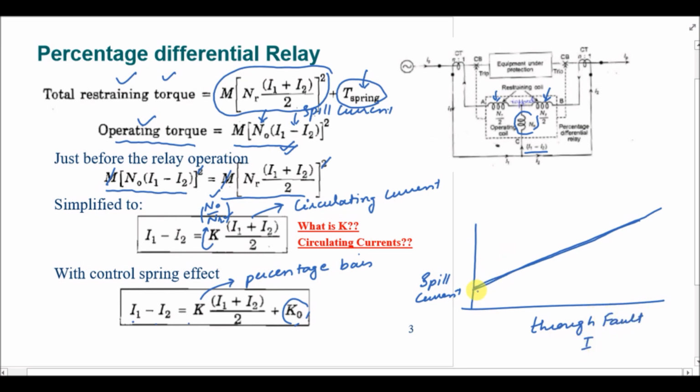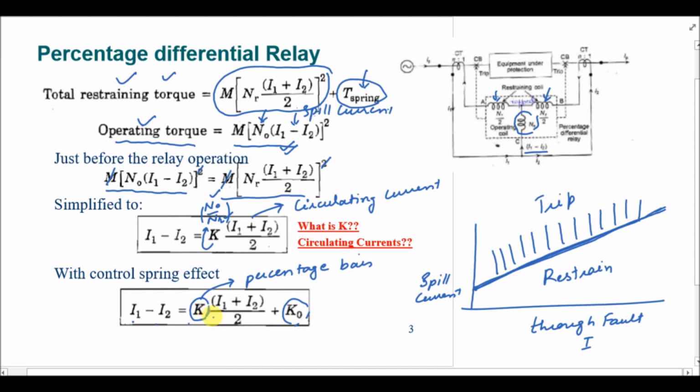The slope of the line, in which this region is the trip region and this one is the restraint region, is actually defined by this value of K.